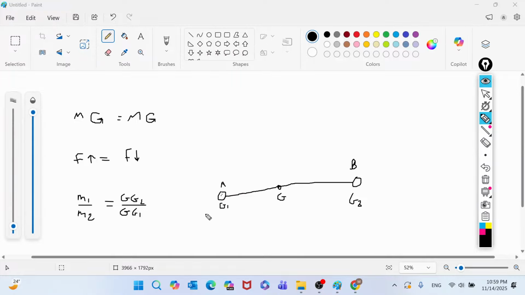So GG1 is the distance between G and G1, and GG2 means the distance between G and G2. These are points on the figure, okay? Also be careful: M1 is up and then GG1 is down. If M2 is down, then GG2 is up. They're not together.